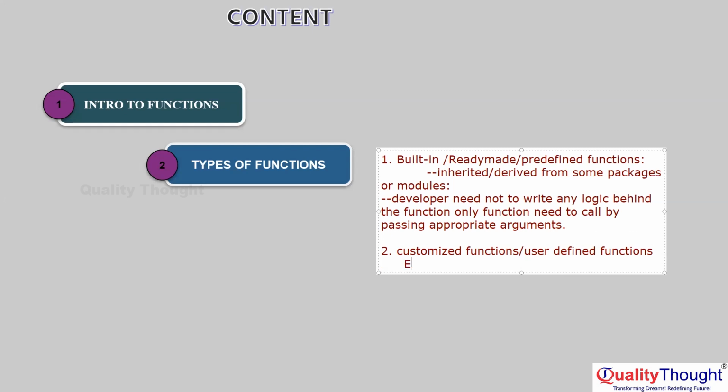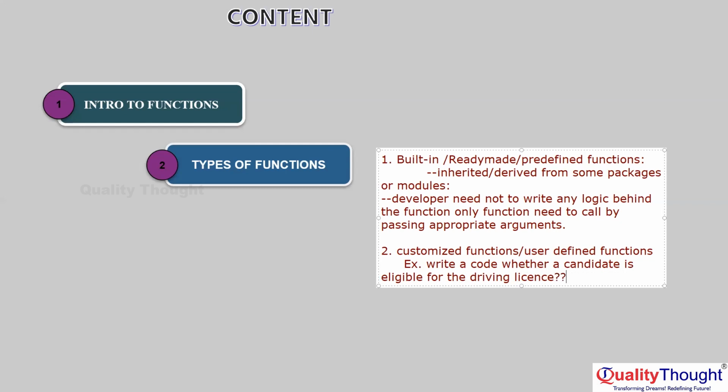Let's suppose, for example, we write code to check whether a candidate is eligible for a driving license or not.